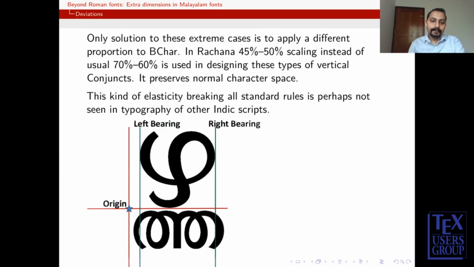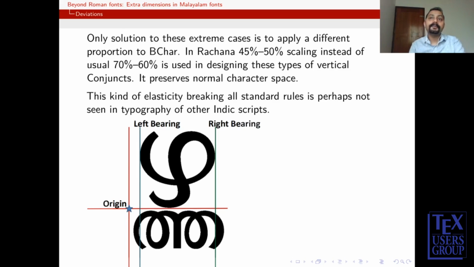To alleviate that issue to an extent, the only solution is to reduce the width of the below base character, so that it doesn't extend too much beyond the left bearing or the right bearing.